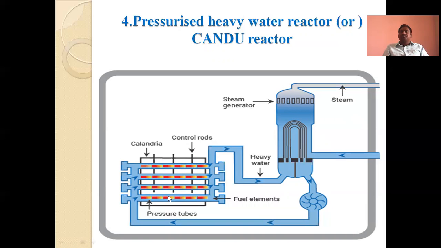Here heat is produced by the fission reaction. That heat is carried by the coolant and subjected to the steam generator or heat exchanger, where steam is produced. Here heavy water can be used as a coolant. That's why it is a pressurized heavy water reactor.